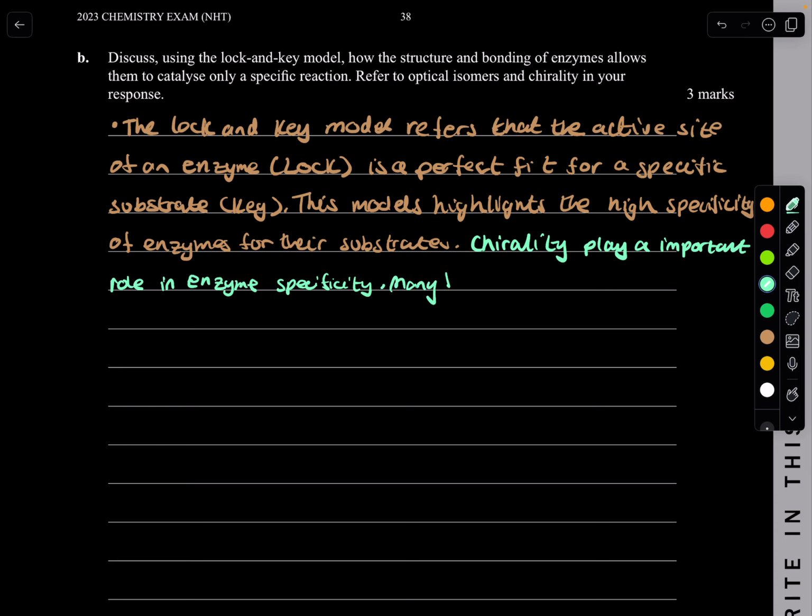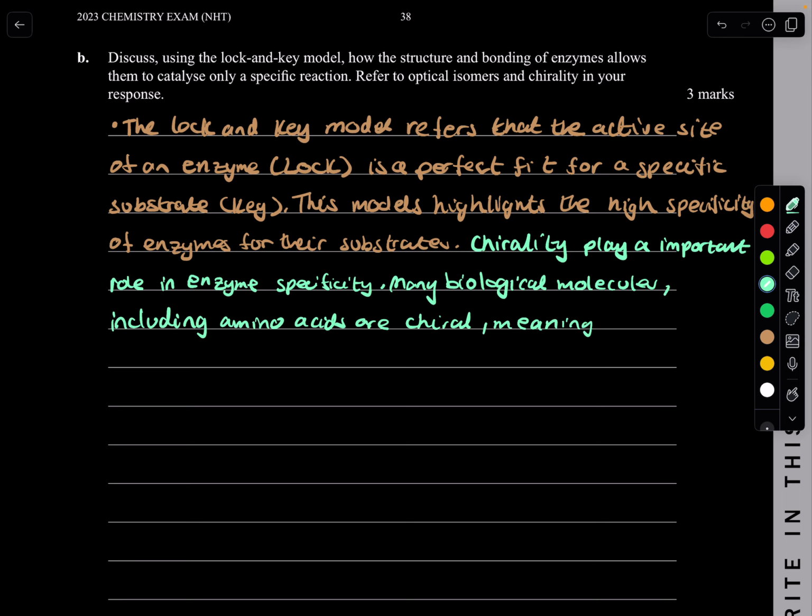Many biological molecules, including those amino acids, are chiral, meaning that they exist in 2 mirror image forms called optical isomers.